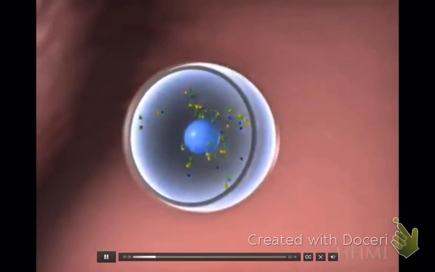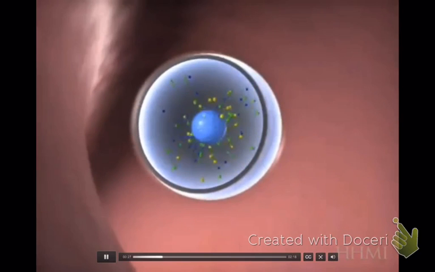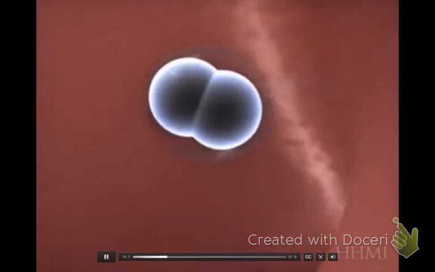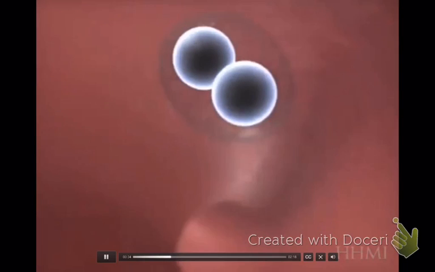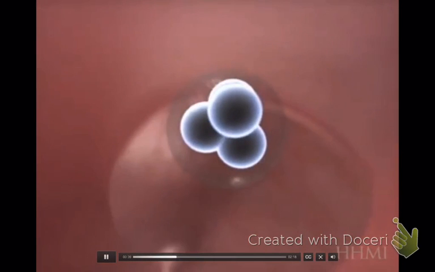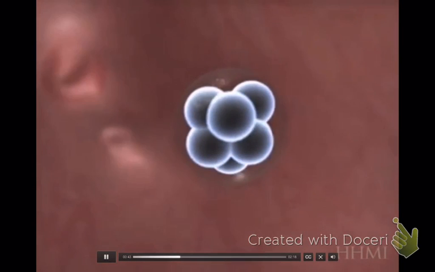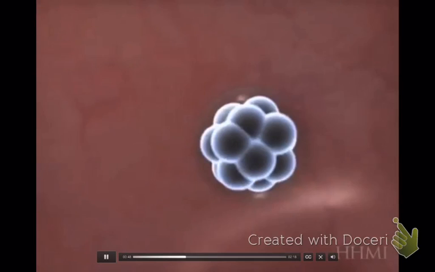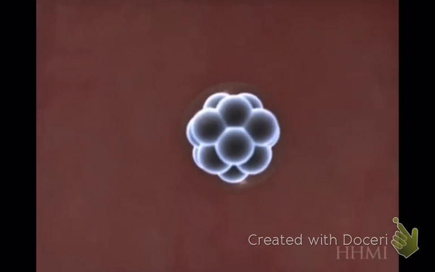And then there's a reprogramming process where the male and female nuclei have their genes set aside to be turned on and off for early development. Here you see early cleavage stages occurring, and this is one of the early growth phases. As the embryo moves down the fallopian tube, it's going to form an important stage called the blastocyst here in a few seconds. Of course, in real life, that takes days, about 5 days.